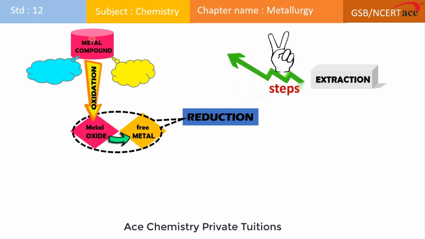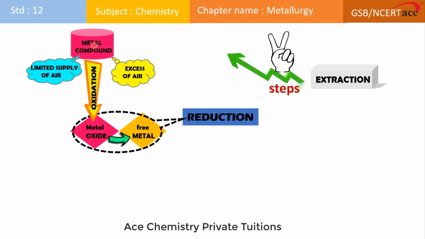The metal compound present in the concentrated ore can be heated using a limited supply of air or in the absence of air, or it can be heated in the presence of excess air. So there is a difference. This totally depends upon the type of the metal compounds.